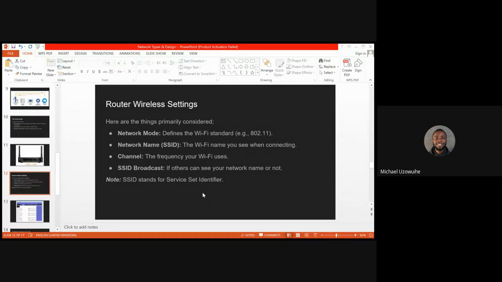If you are with me, are you guys still with me? You are with your phone, right? I want you to go to your network settings. Let me clarify and showcase the things I'm trying to talk about. Though this is not a router, I will still show you how to do this. Go to your settings in your phone. I don't know the phone all of you are using, but go to your settings.